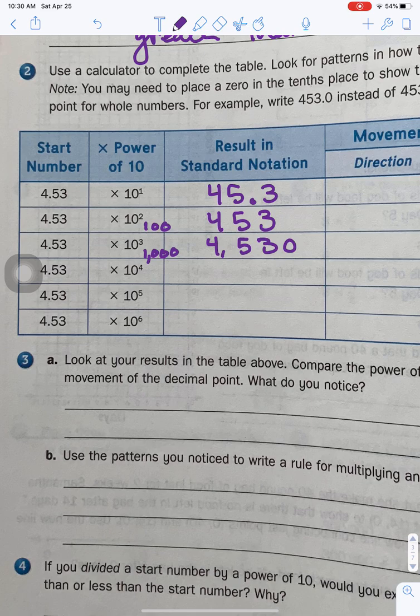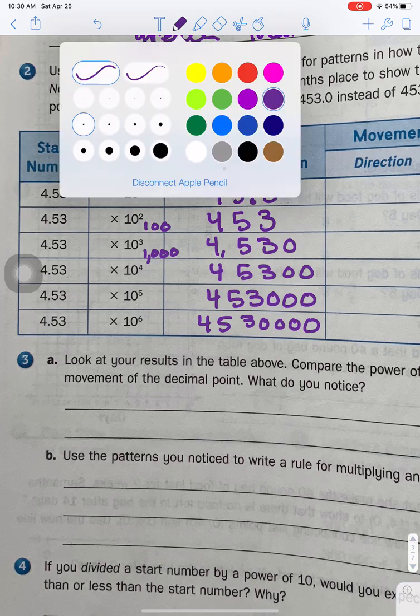You can kind of see the pattern of what's going on here. 45,300 for the next one. 453, 1, 2, 3, 4. And as you notice, the number is getting bigger.